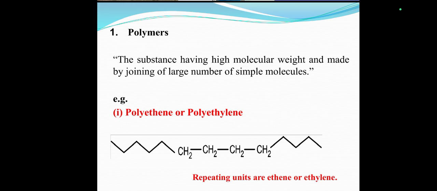So the substance having high molecular weight and made by joining a large number of simple molecules with one another, we get a long chain, and that long chain is known as a polymer.